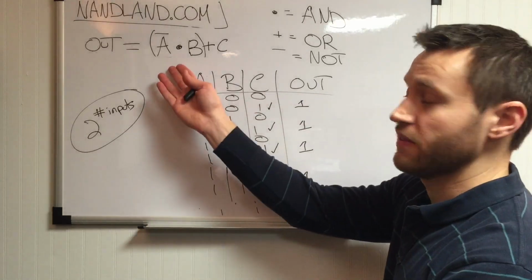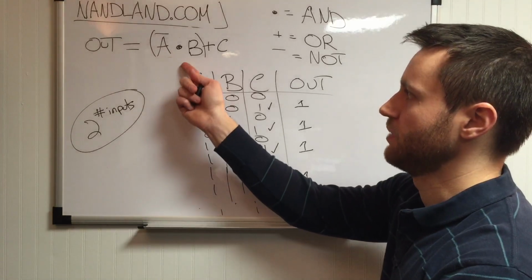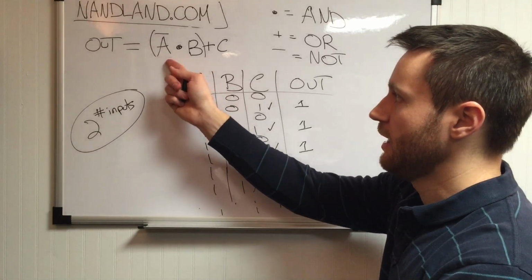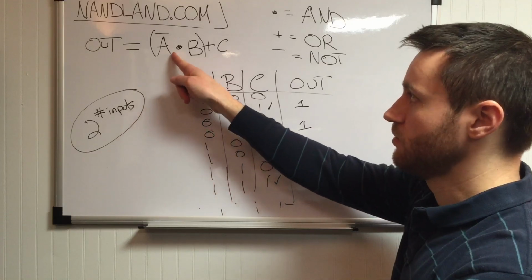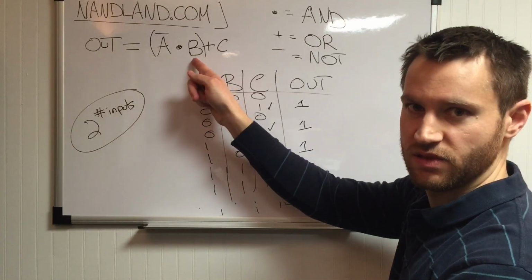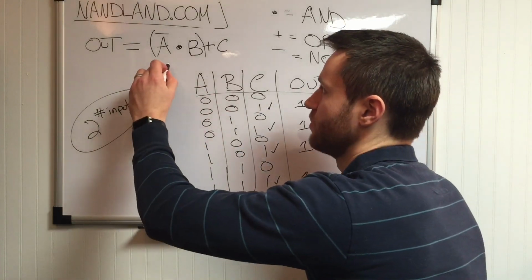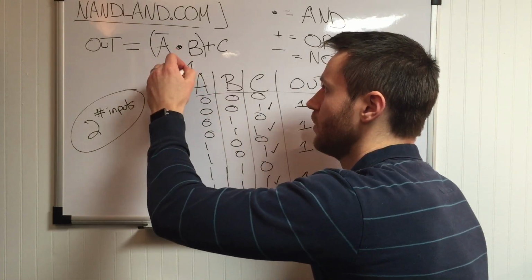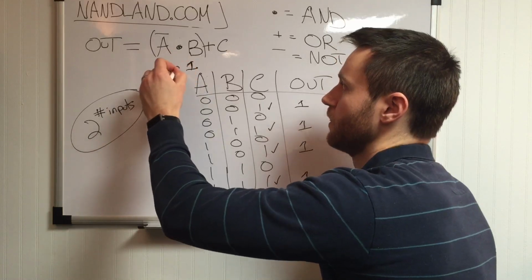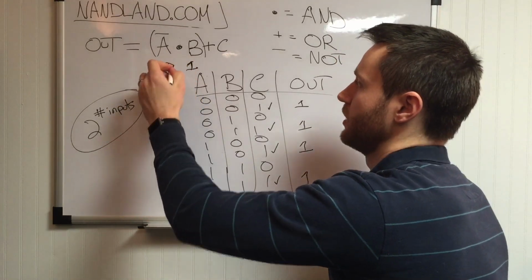So now we need to figure out if there's any other combinations where the output will be a 1. And the only other combination where that can be is when A is equal to a 0, so not A is true, and B is equal to a 1. So that happens when A is a 0 and when B is a 1. When these two things are true, the output will be a 1.